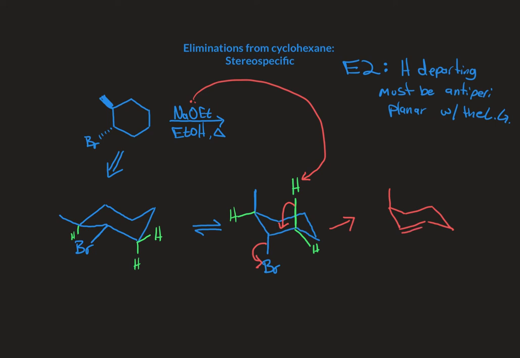And we form an alkene here. If I redraw this in the stick structure, I've got an alkene, and this methyl group is still going up. So it looks something like that. Notice that this is not the most substituted alkene. This is, in fact, the least substituted alkene, but this is the only product observed in this reaction.